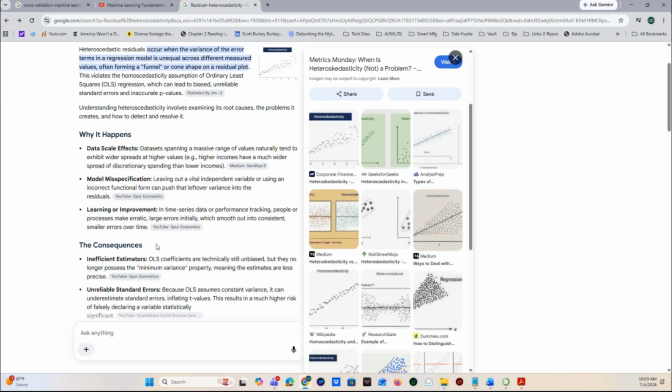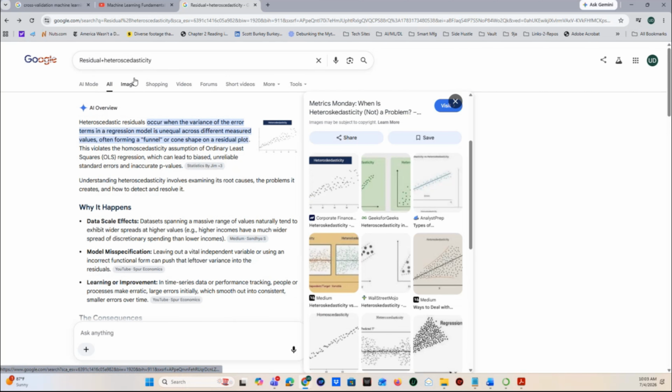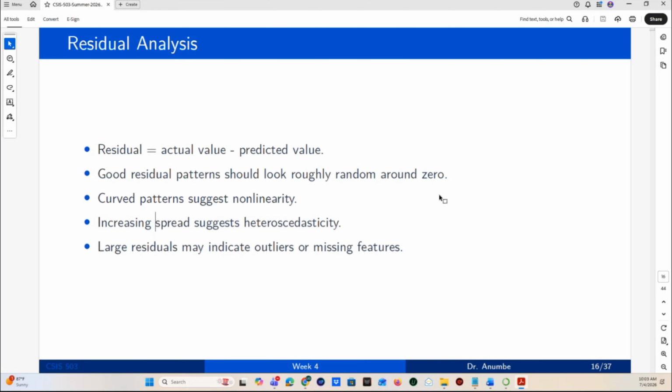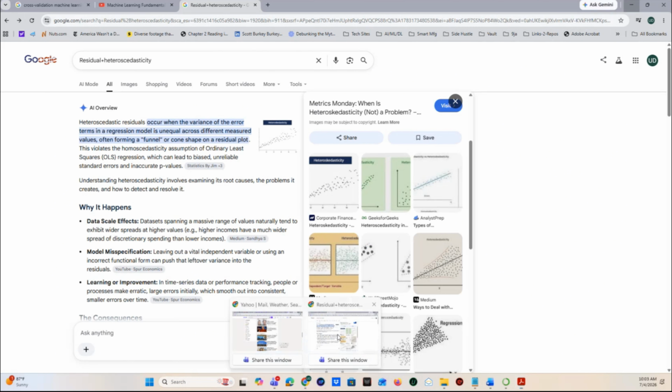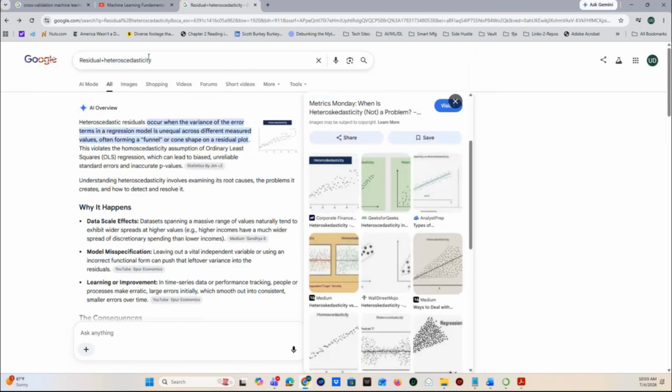So there are other reasons why it happens. And if you're interested in this, you can just go read up on it. Large residuals, right? If we have a residual that is large, it may indicate outliers or missing features. So I have outliers.